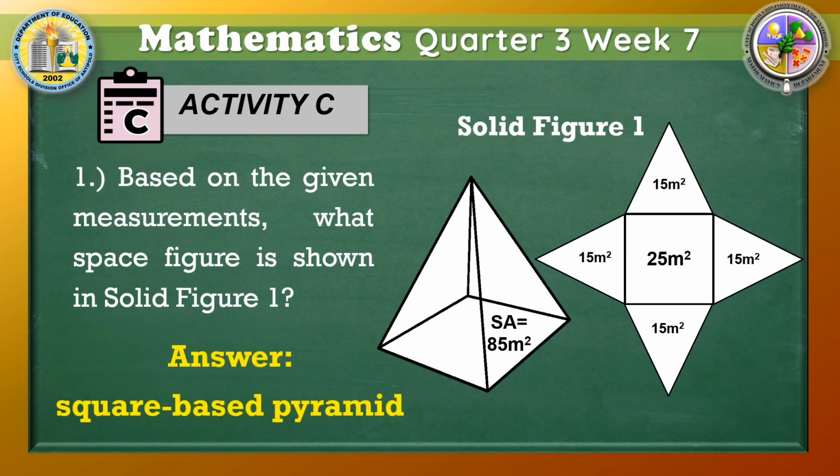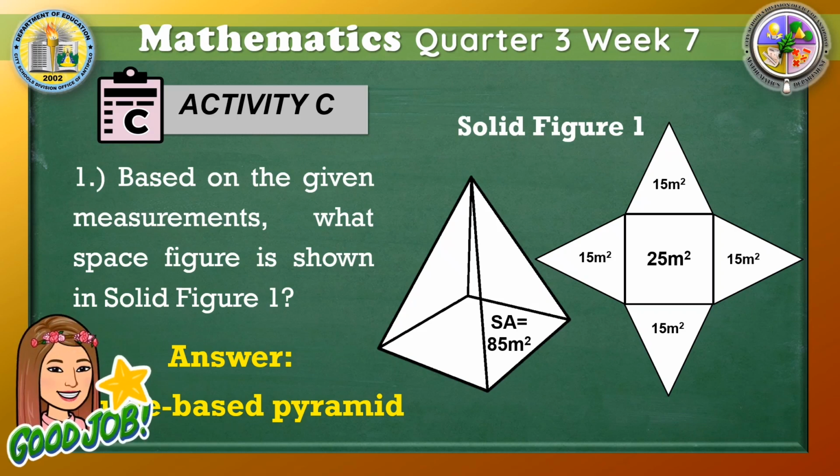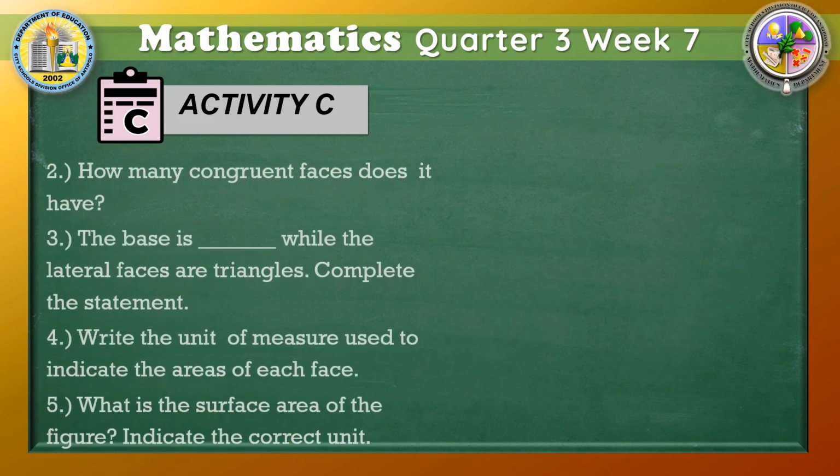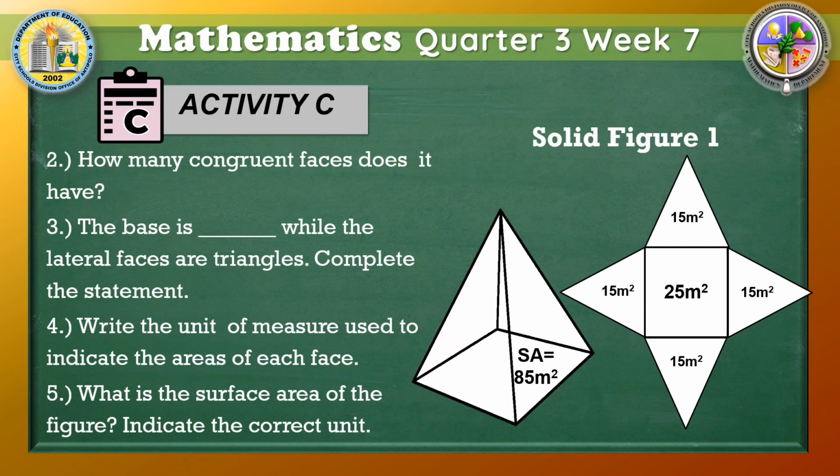Did you get the correct answer? Good job! Now, you may continue answering numbers 2 to 5. Simply refer to solid figure 1. I will be giving you 50 seconds to answer. Your timer starts now.